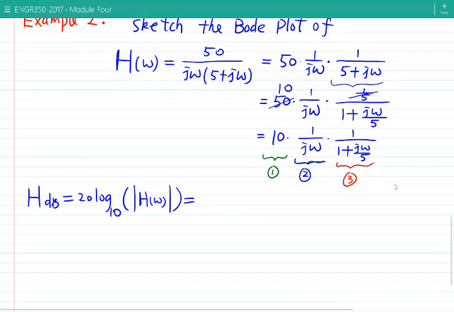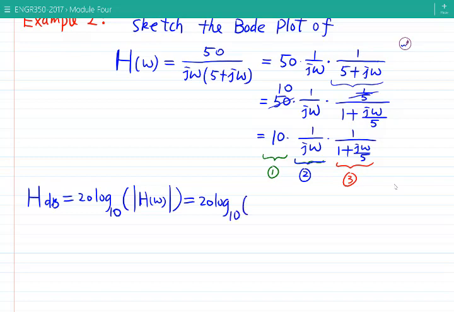Basically, logarithm converts multiplication into summation. So that means we have 20 log base 10. For each factor, we take the magnitude and we sum up the dB value.